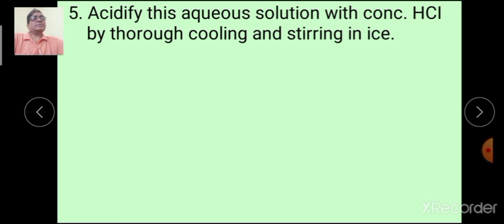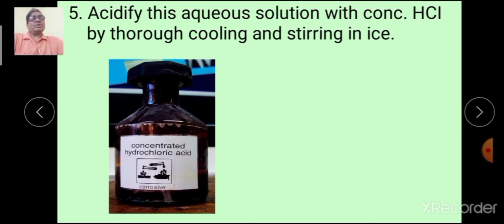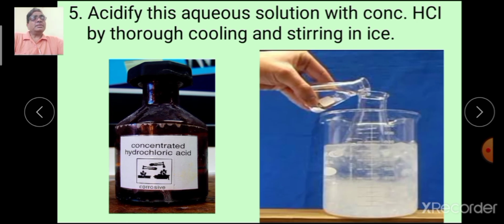Here the concentrated acid is kept, and this is the addition of concentrated hydrochloric acid to the flask. This flask is kept in the ice bath, and you are adding the concentrated hydrochloric acid, okay, till acidification.